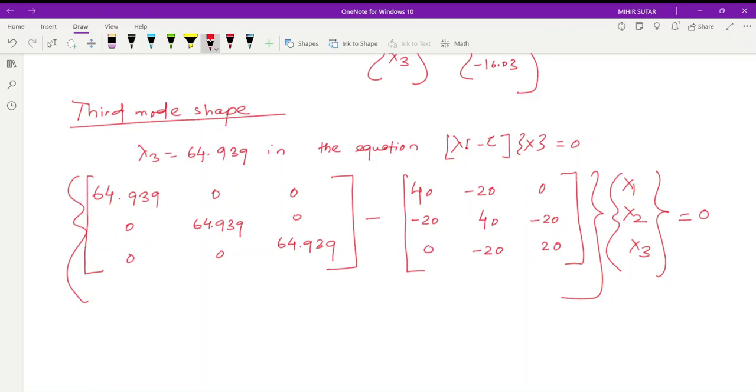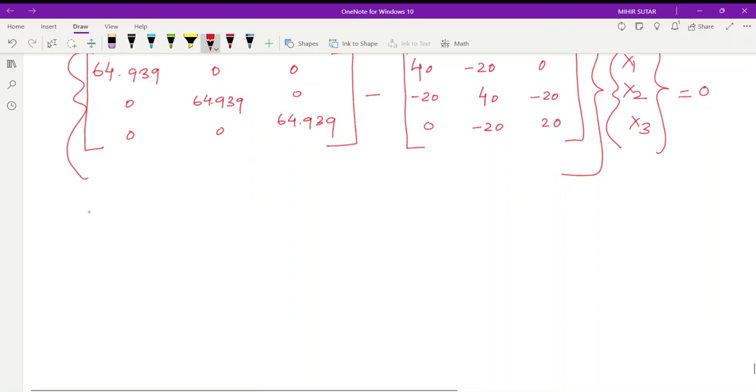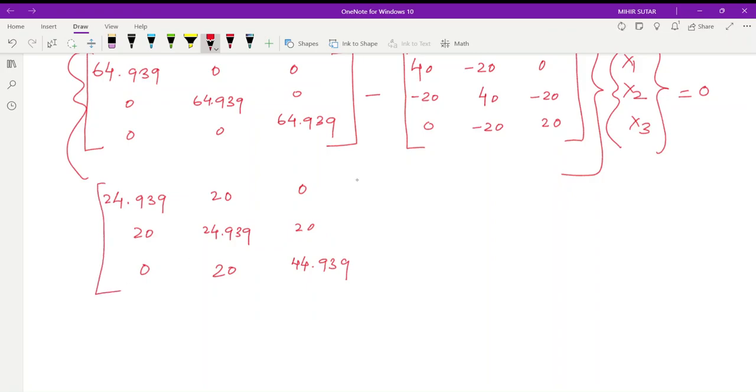So if you solve this, we'll have 24.939, 20, 0, then 20, 24.939, 20, 0, 20, 44.939, okay. This multiplied by x1 x2 x3 equals 0.